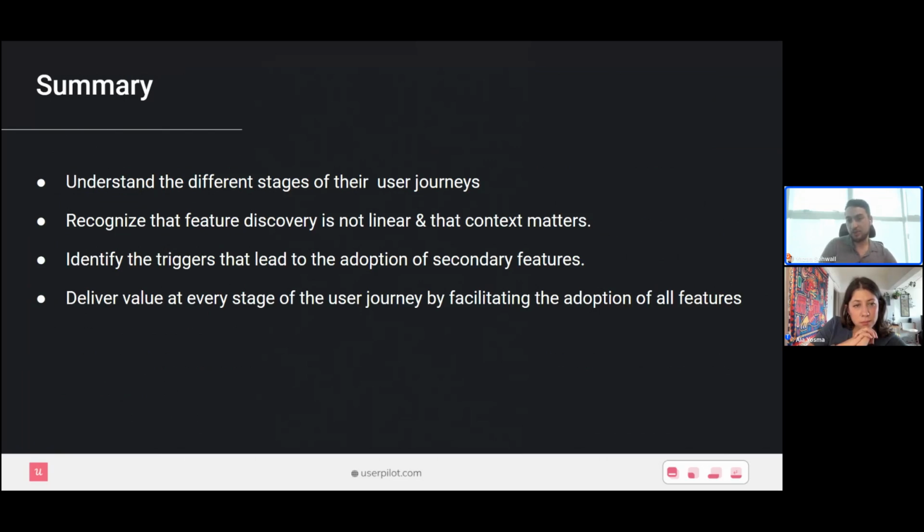And to be able to understand the context, we need to understand the factors and the motivations that the user has for that specific feature, and then deploy some sort of method of intervention to push the user to that feature at the right moment.